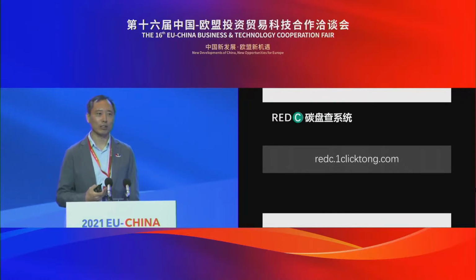So when we do the calculation of carbon, it's very complex. Then how do we change the complex work into a more simplified one? We have this system called Red Sea.